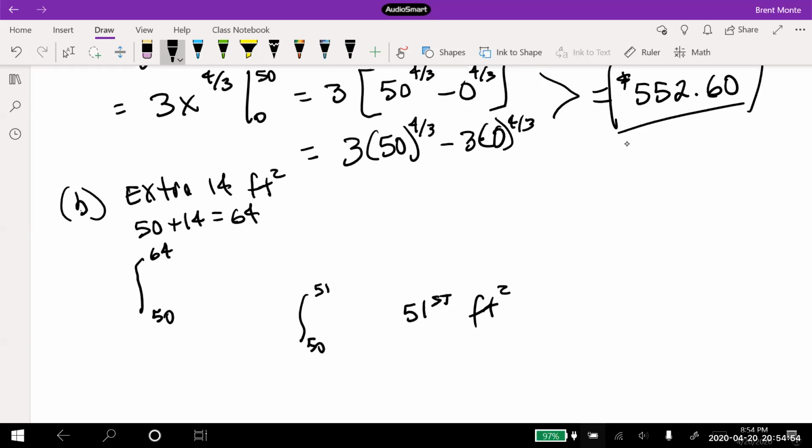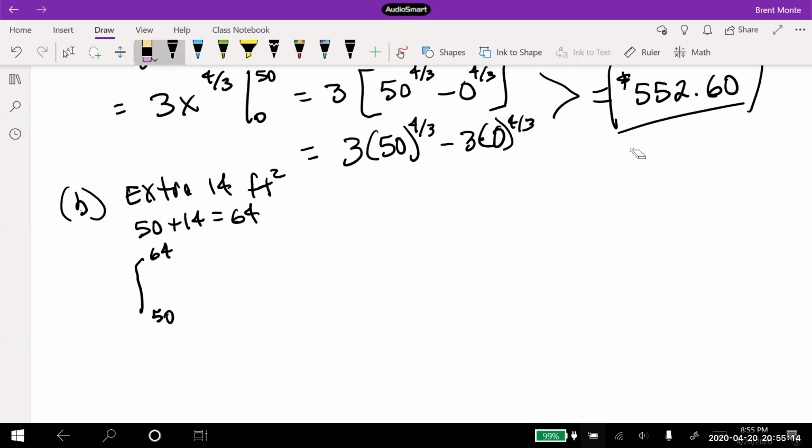Similar to what we had before when we went 0 to 50, that 0 wasn't saying I put in 0 square feet, but 0 to 1 was the first square foot. So just a little something to be aware of there. I do actually put the 50, but this represents square feet 51 through 64.